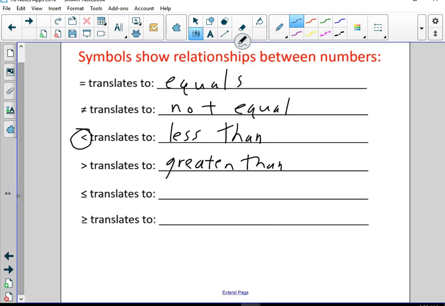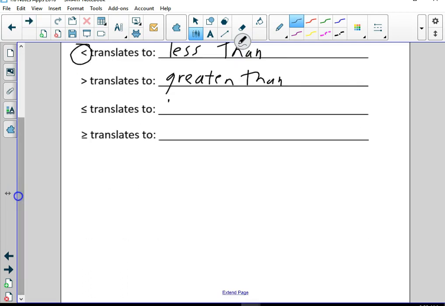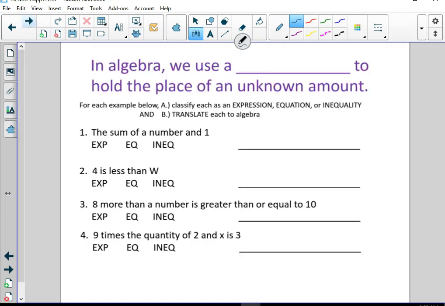And then it follows that this is less than or equal, and this is greater than or equal. Pretty basic vocabulary.